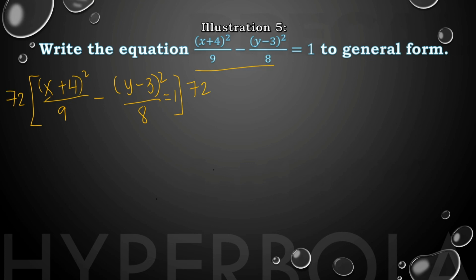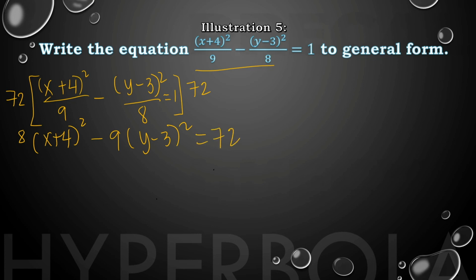And then, distribute lang natin yung 72. So, 72 divided by 9 is equal to 8 times x plus 4 squared. And 72 divided by 8 is equal to 9. So, negative 9 times y minus 3 squared is equal to 72.